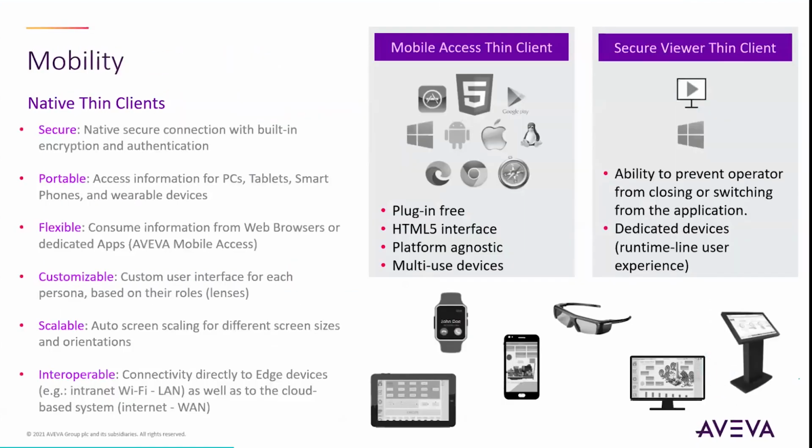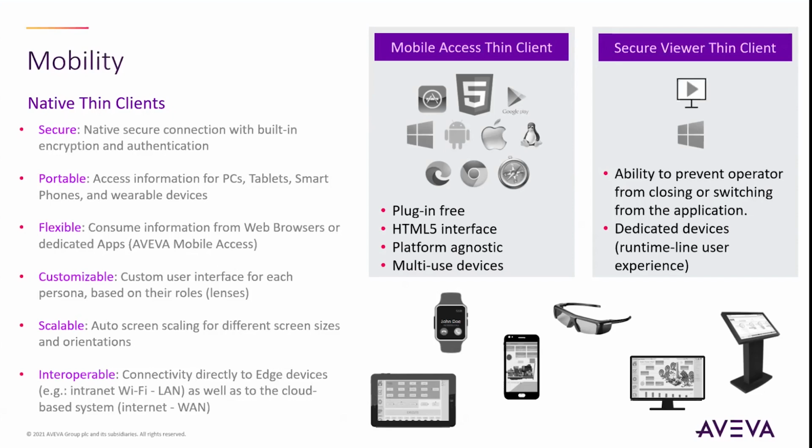With the mobility piece of Edge, like I mentioned, we can run Edge on any HTML5 compliant browser to be able to view those project screens. And then we also have mobile access as well. So you can view this on a smartphone, a tablet, wherever you would need to.